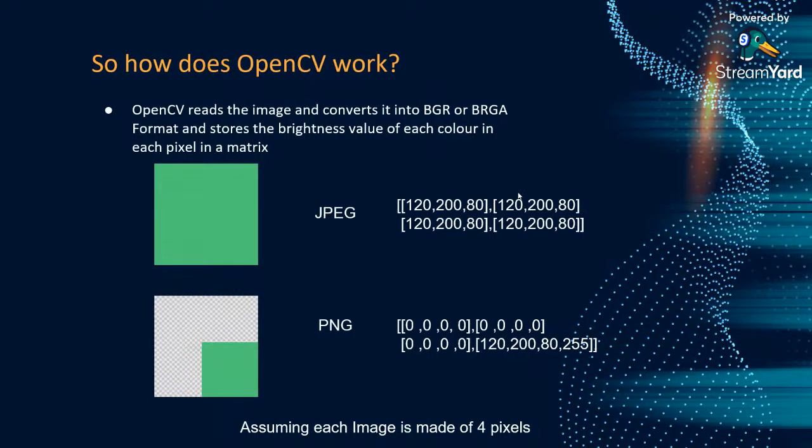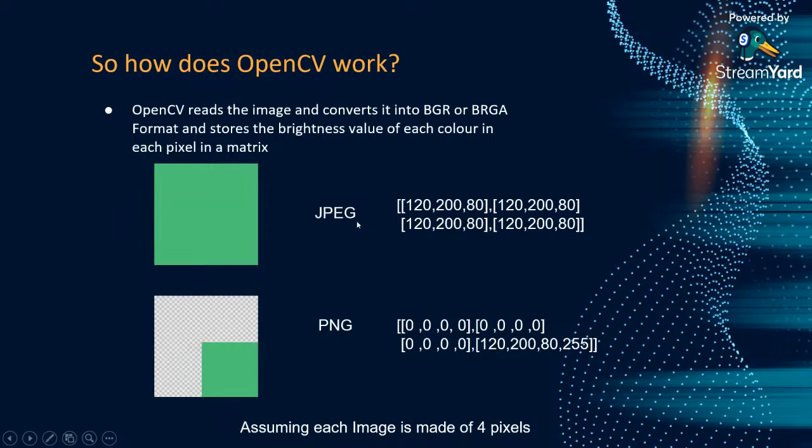So basically, how does OpenCV work? What OpenCV does is it'll read an image inside your system and then convert it into a matrix. As you can see, this first image, let's assume that it has 4 pixels, two in the first row and two in the second row. Now what OpenCV will do while reading is convert these pixel color values to BGR values and then store them as a matrix.